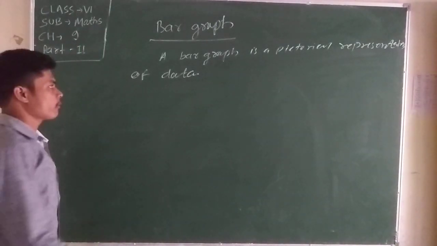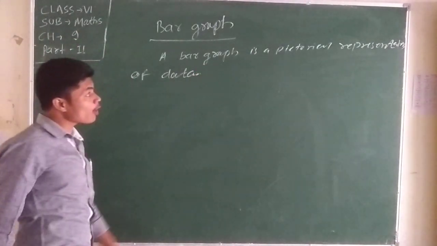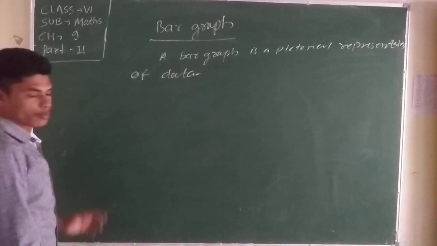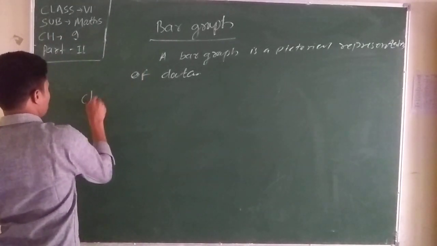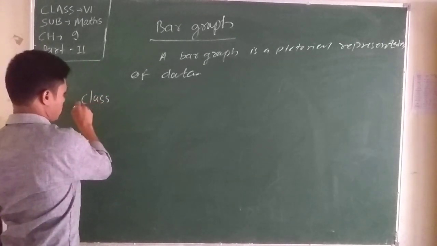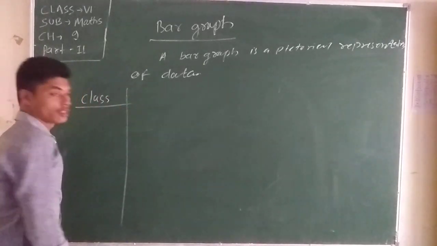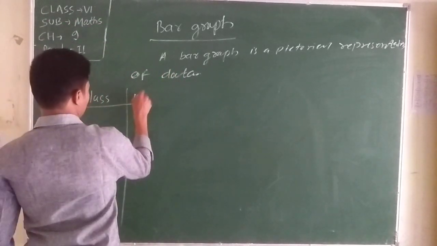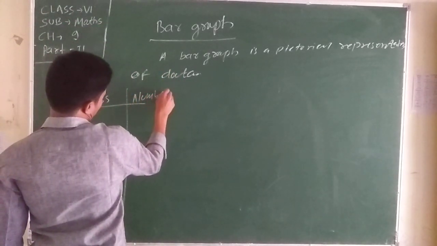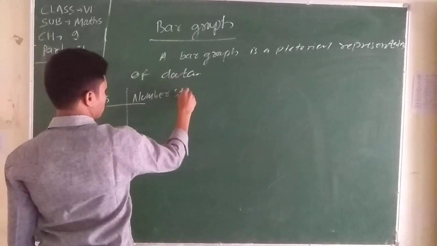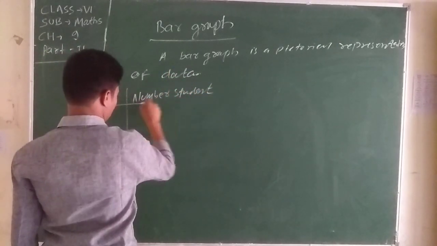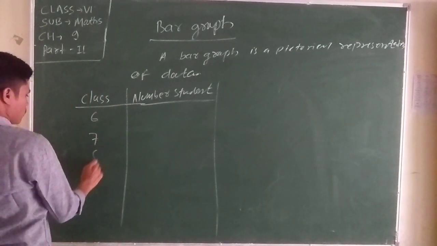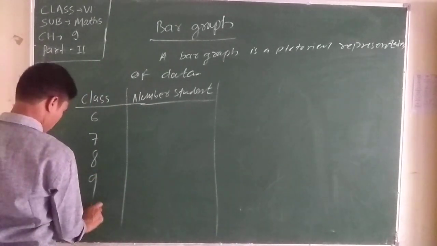Now we will learn how a pictorial representation becomes a bar graph. So we take an example. Suppose here we take class and number of students: classes 6, 7, 8, 9, 10.